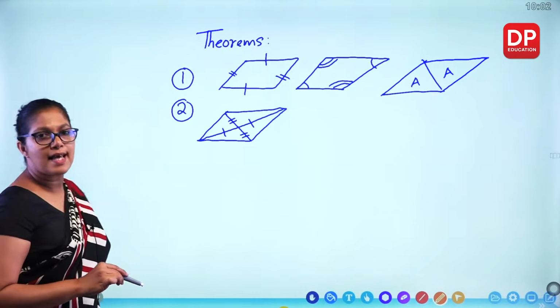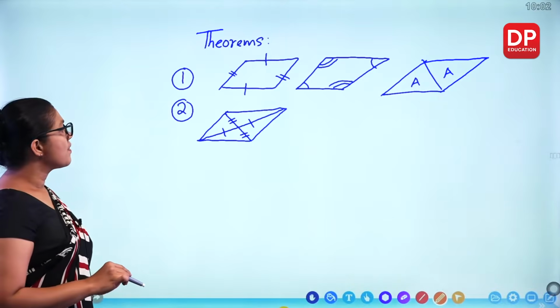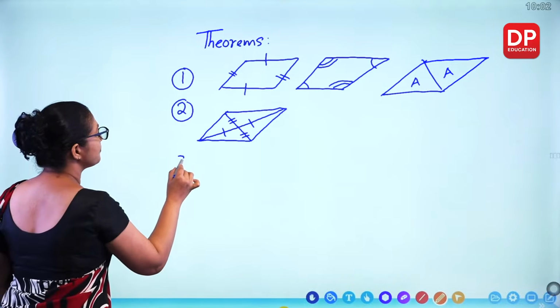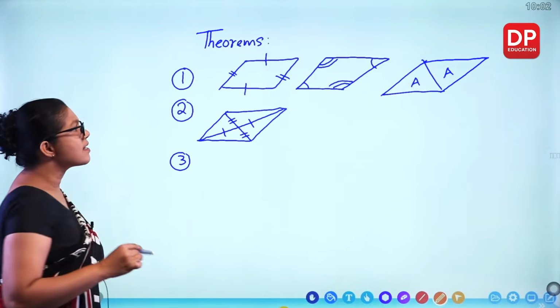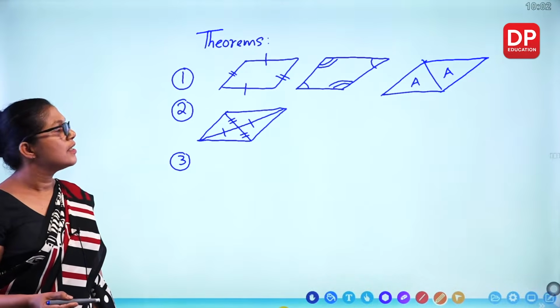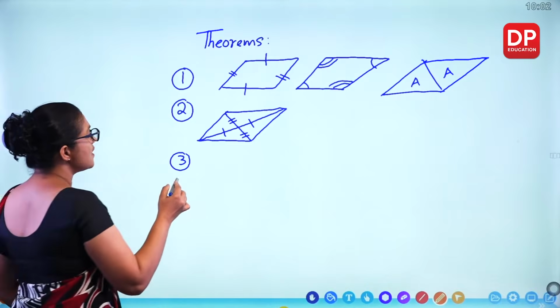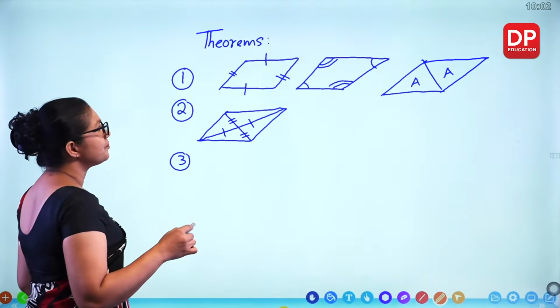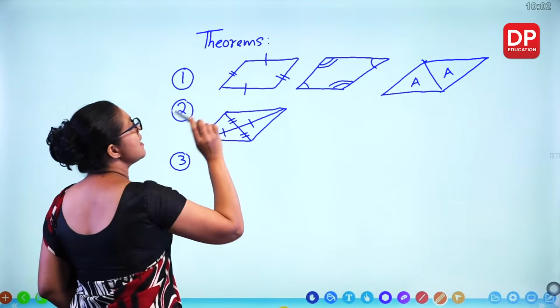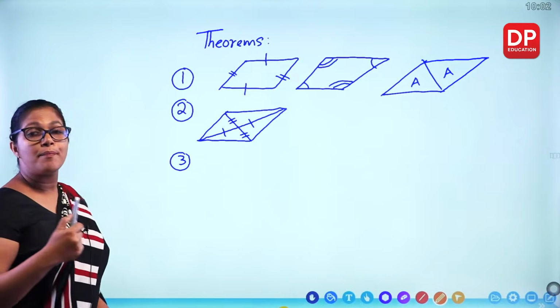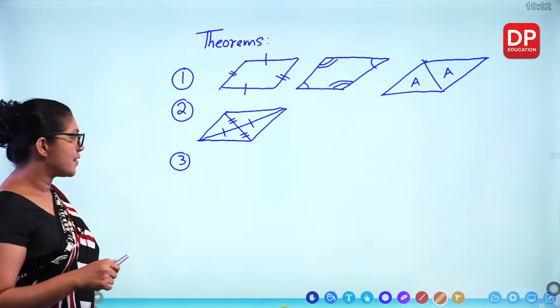That's the second theorem. Third theorem is the converse of the first theorem. Converse means, it says opposite sides are equal in a parallelogram.